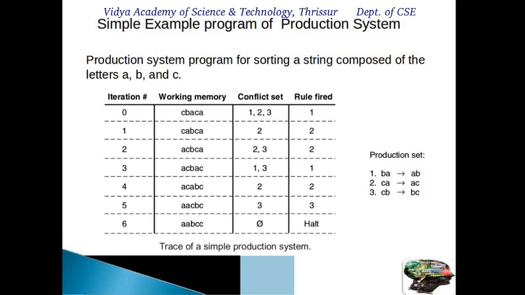Similarly, when 2 is selected, you can see the first CA is converted into AC. Action 2 is taken. Similarly, in the second iteration, two rules are selected because two conditions are satisfied.